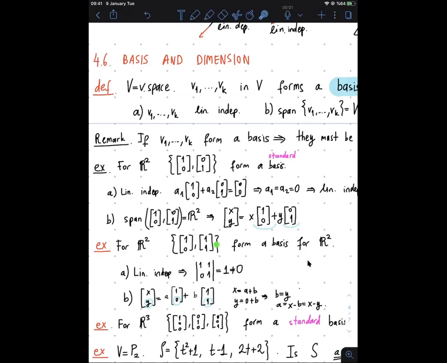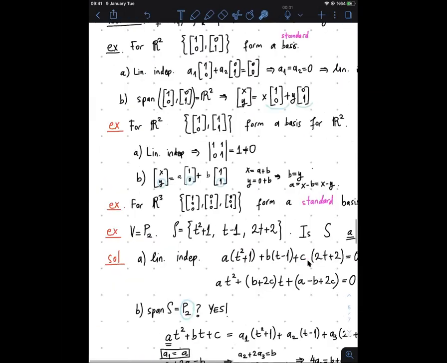It couldn't have 3 vectors, or 1 vector, or 4 vectors. It must have 2 vectors. So the number of vectors is independent of which basis you choose. It will always be 2 for this vector space. Again, for this other vector space, all the basis vectors will consist of 3 vectors. The number will not change.